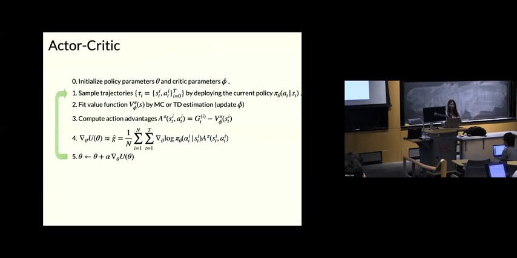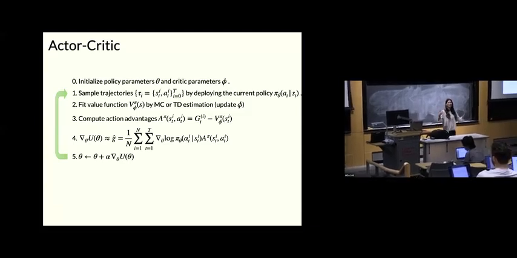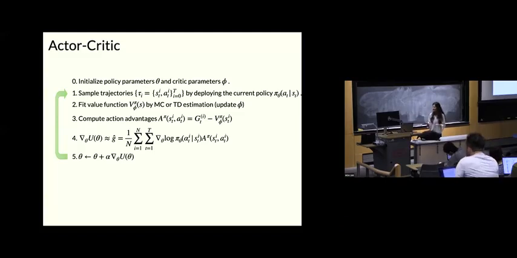We will be computing the advantages using those value functions, which are the returns of every action in every trajectory minus the value of the particular state. And we will form policy gradients, and then we'll be updating the policy network as well. And then now we have a new policy, we repeat.